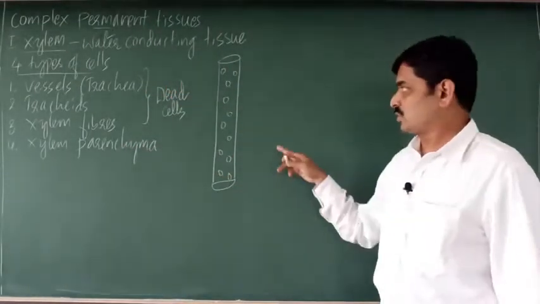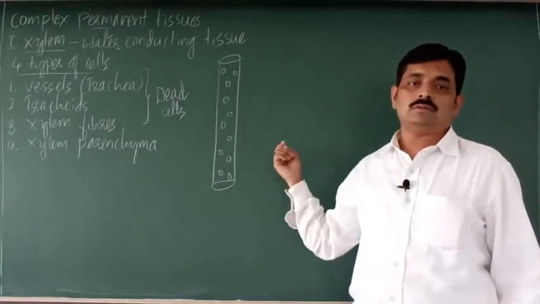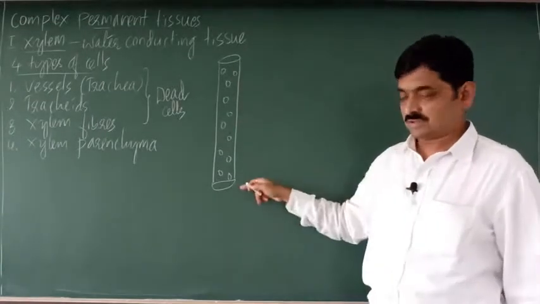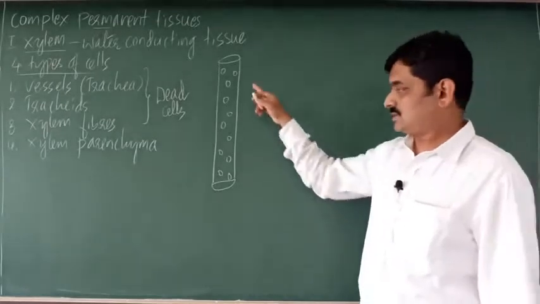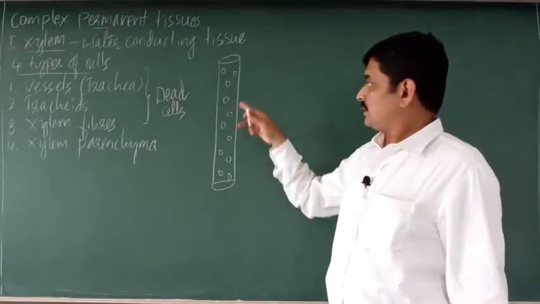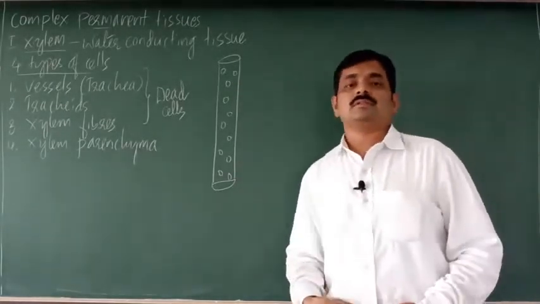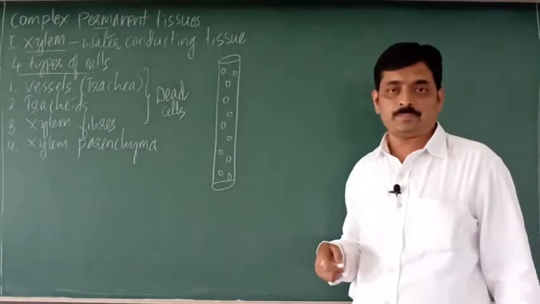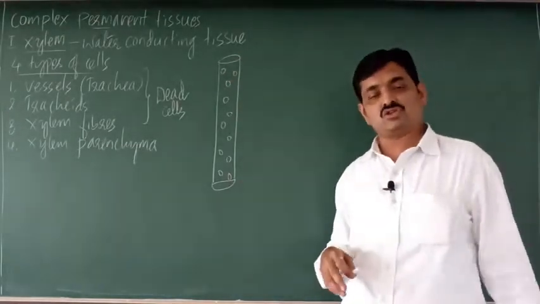So this is the structure of a xylem vessel. This is a single xylem vessel or vessel cell. Its shape is cylindrical. You can see the shape here, it is cylindrical.